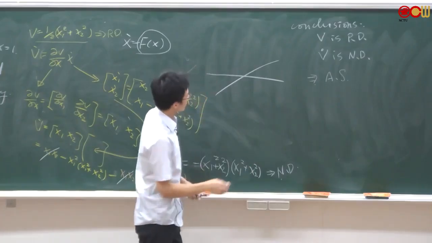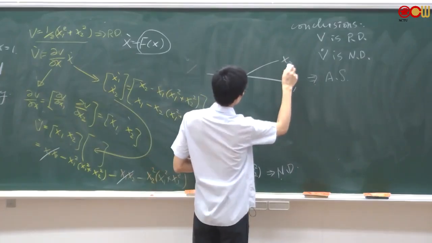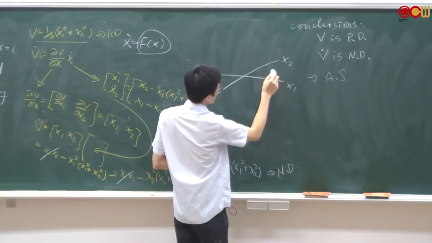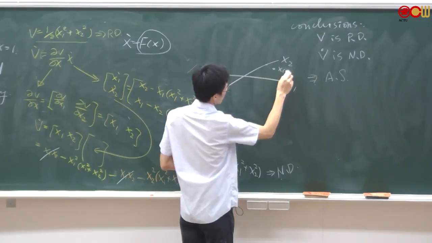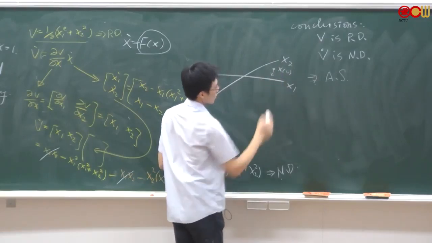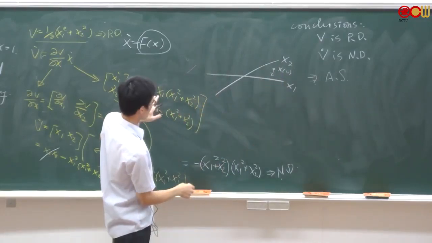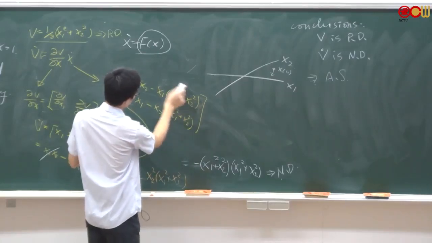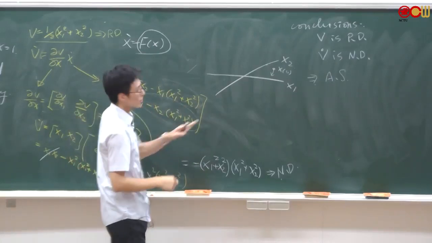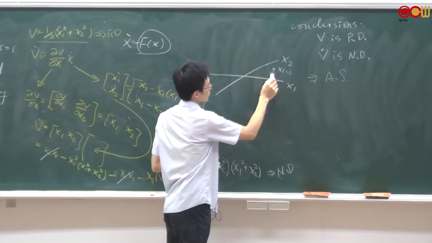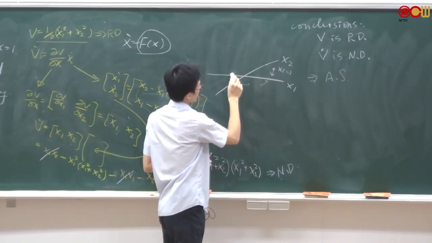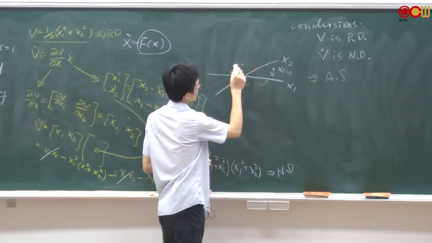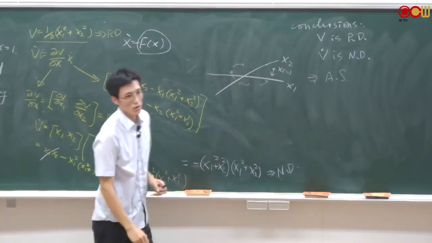If you don't believe it, you can plot x1, x2, choose any initial condition, and see what the vector field is according to the dynamics. Based on these, you can construct the vector field, and at every point, eventually, they will converge to the origin.